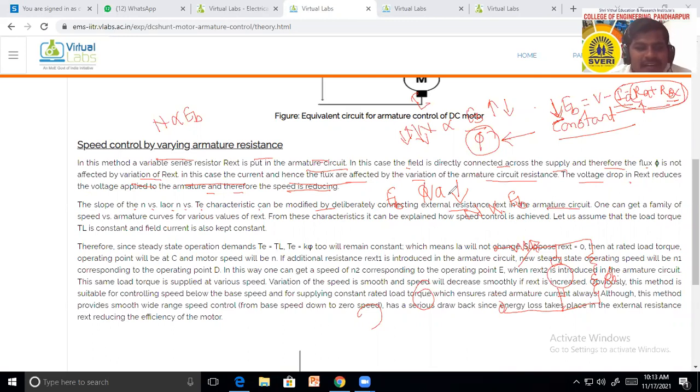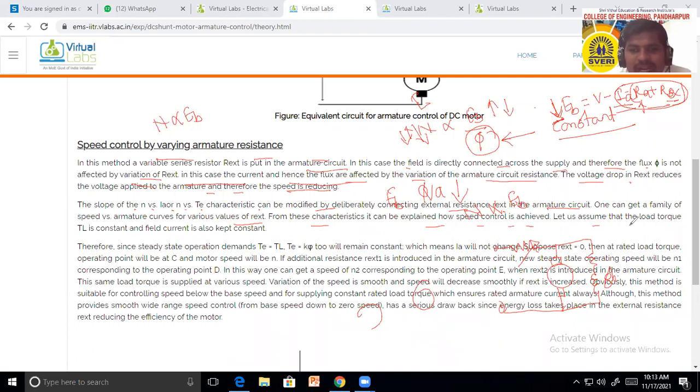So one can get a family of speed versus armature current curves for various values of R external. From these characteristics, it can be explained how speed control is achieved.